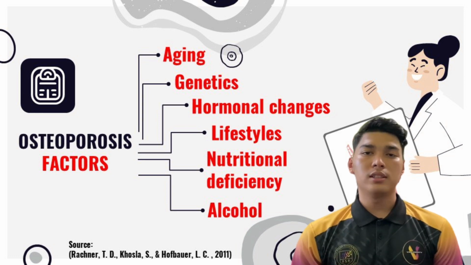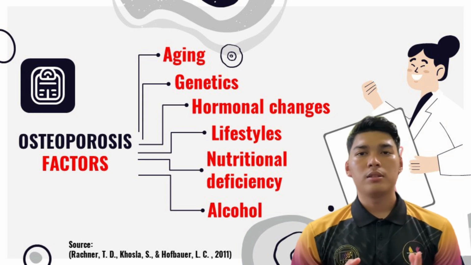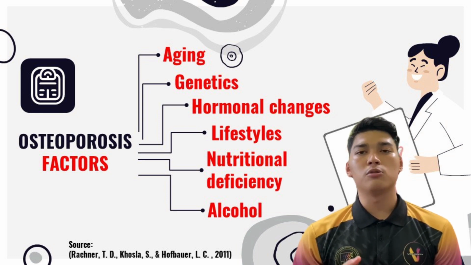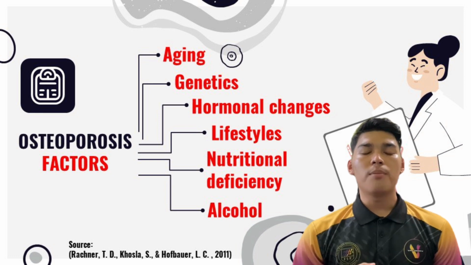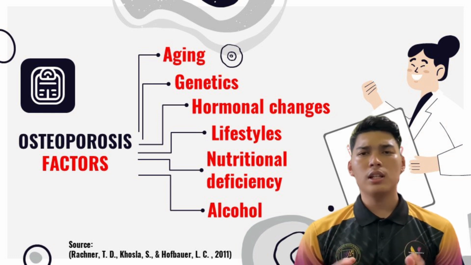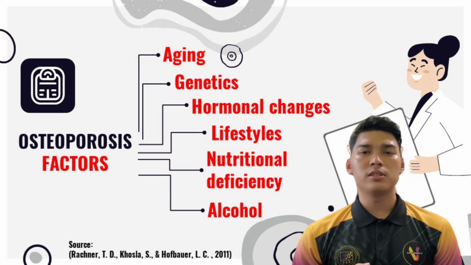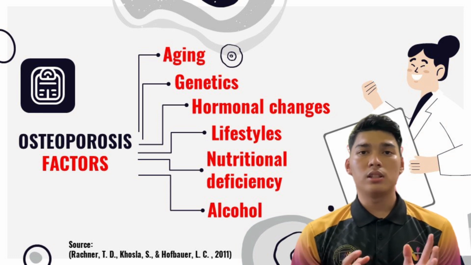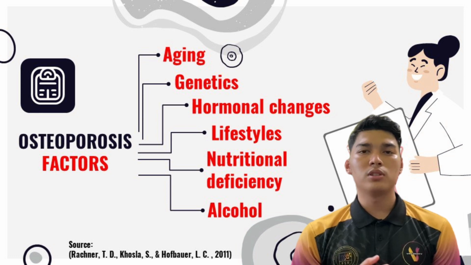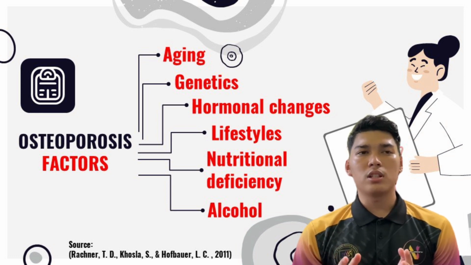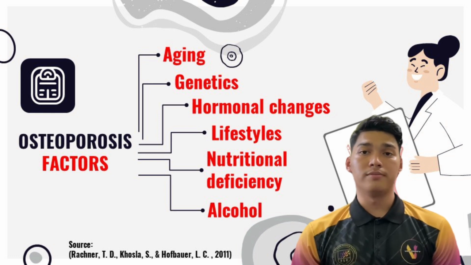Family history and genetic disorders can predispose individuals to lower bone density and a higher risk of osteoporosis. Third is hormonal changes, particularly in postmenopausal women, where decreased estrogen levels after menopause significantly increase bone resorption, leading to weaker bones, and hormone imbalance also contributes.